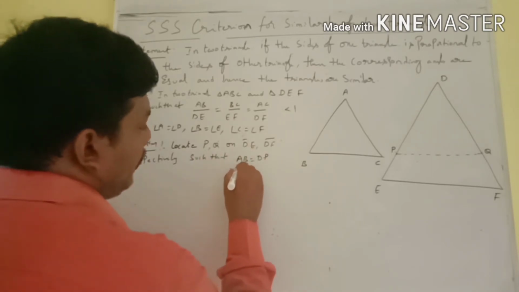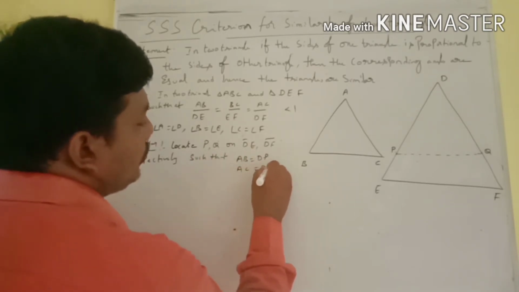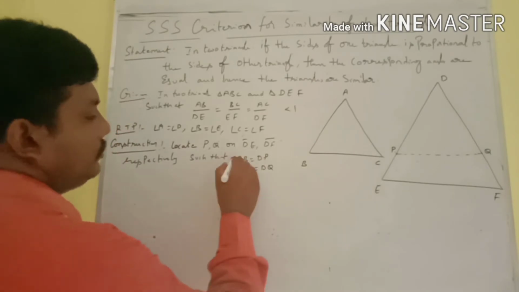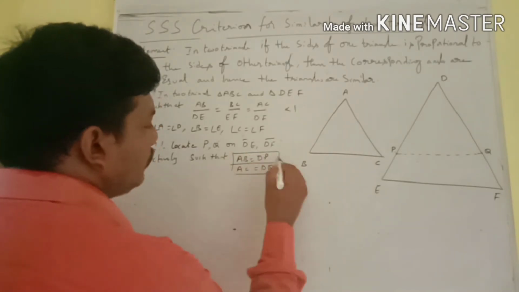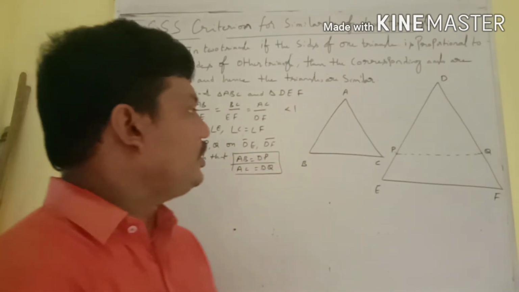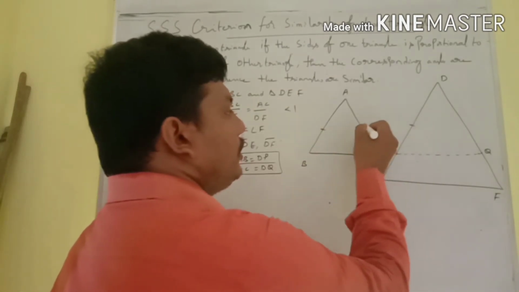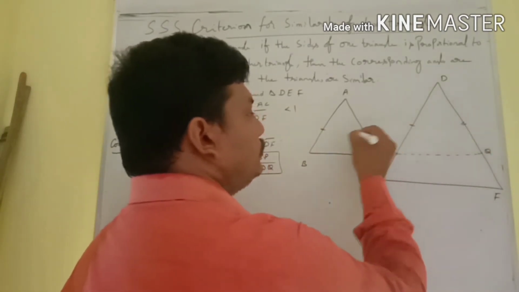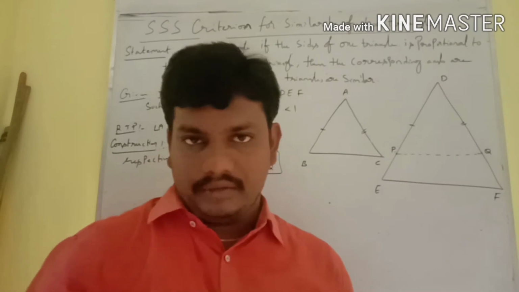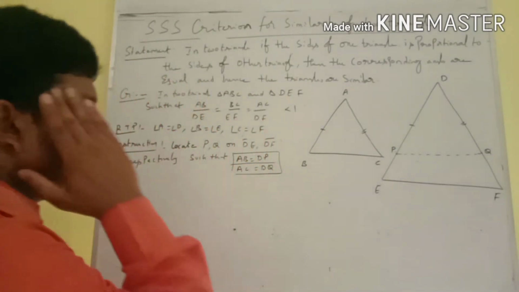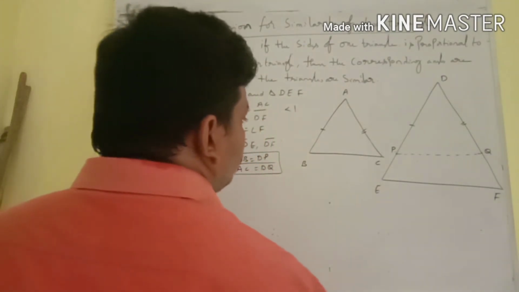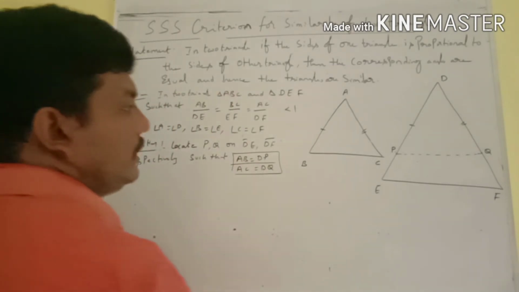In the same way, AC is equal to DQ. So these two conditions you have to check: AB is equal to DP and AC is equal to DQ. So these sides will be equal.